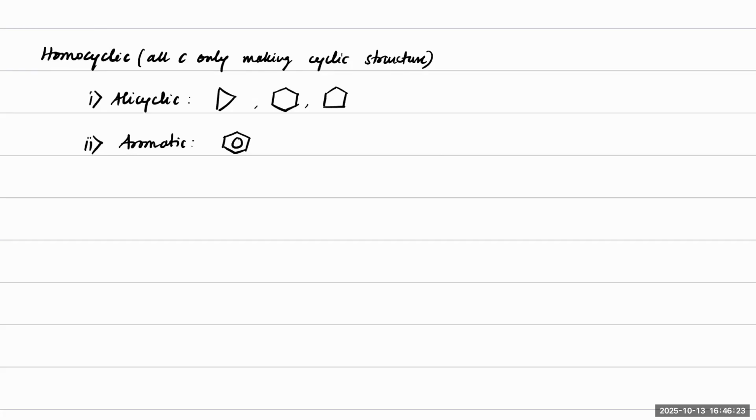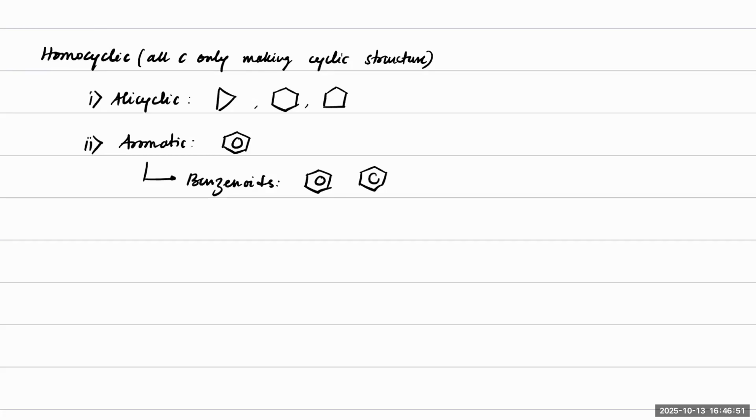Within aromatic we also have types again: benzenoid and non-benzenoid. Benzenoid means anything which has a benzene ring in it, like this.